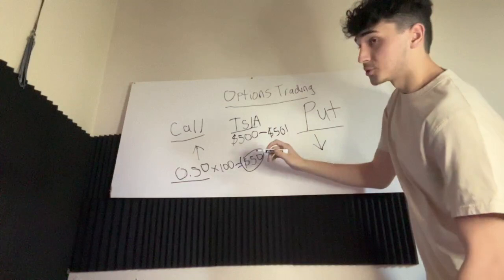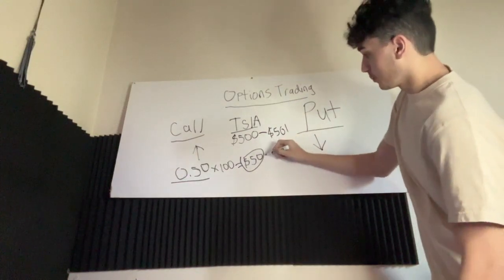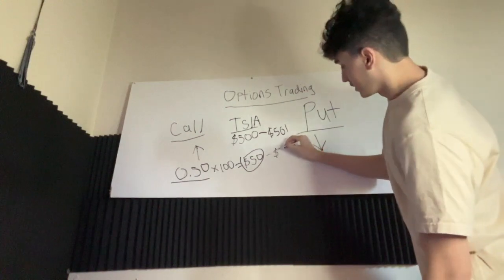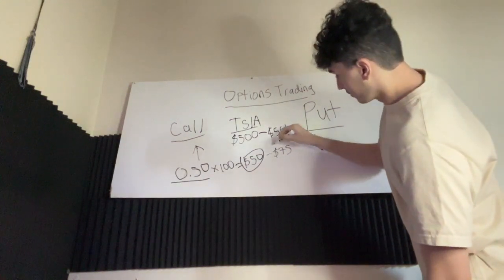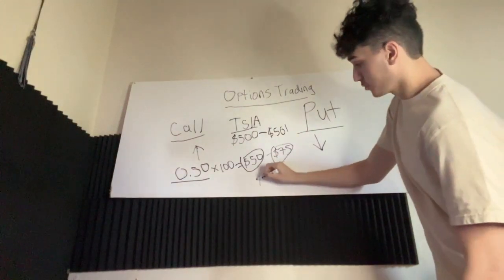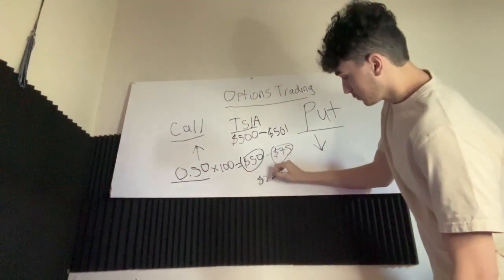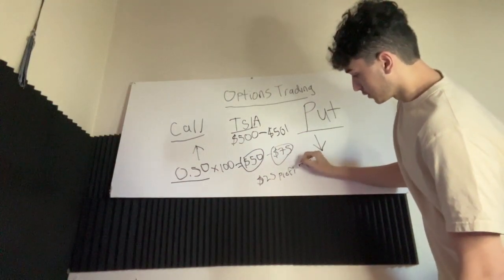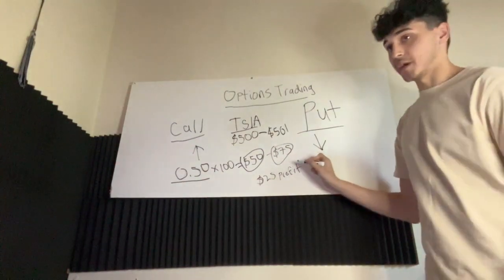Now, all option contracts are going to move differently, but let's say that $50 then turned into 75. You sold at 75, so now you have $25 profit on that option contract, right?